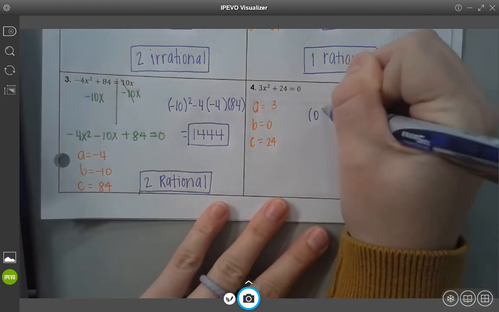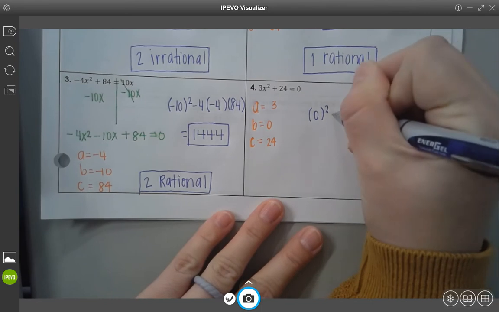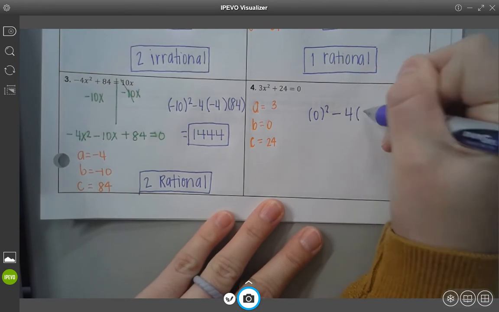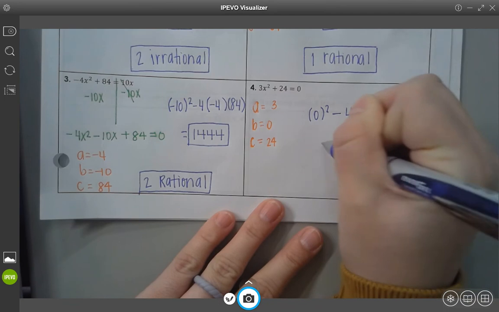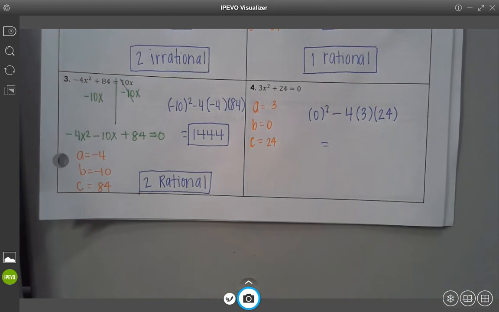So we have 0 squared minus 4 times 3 times 24. And what do you get? 576? That is not what you get.